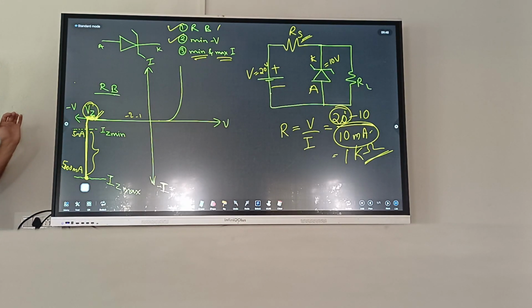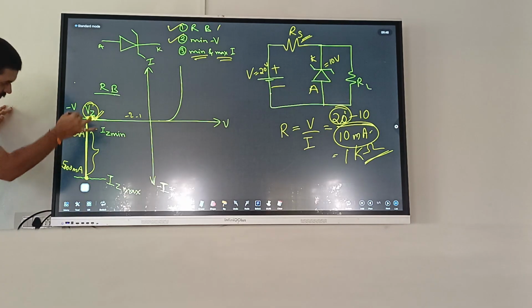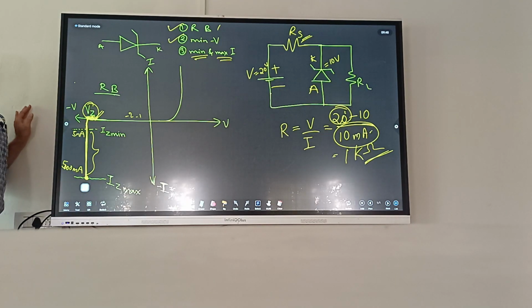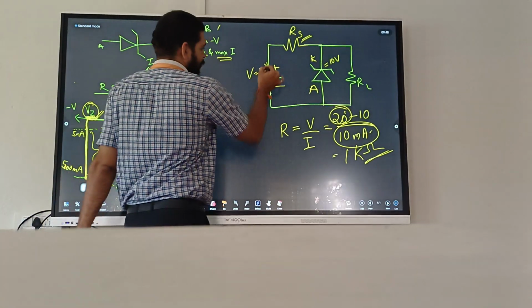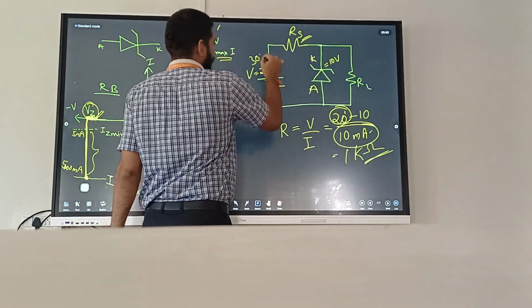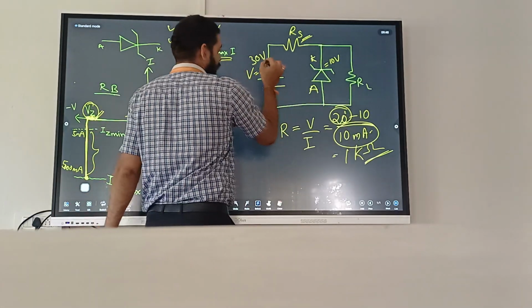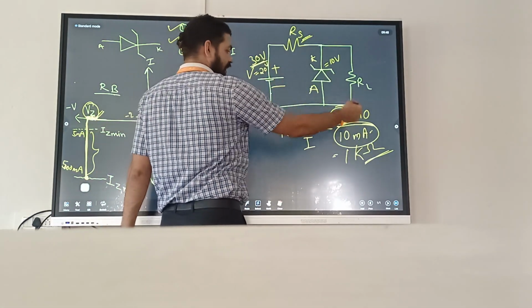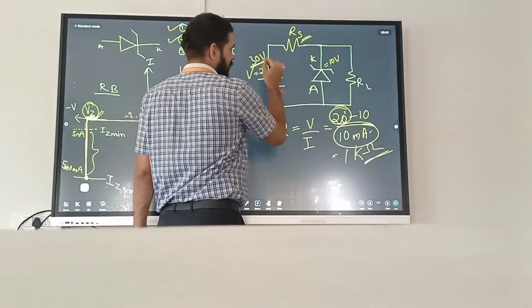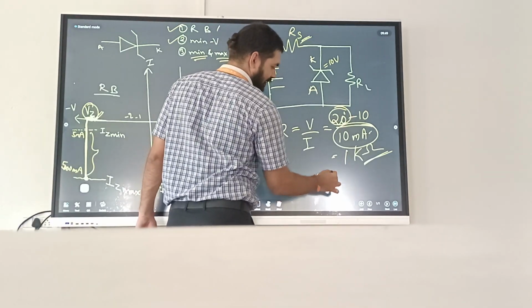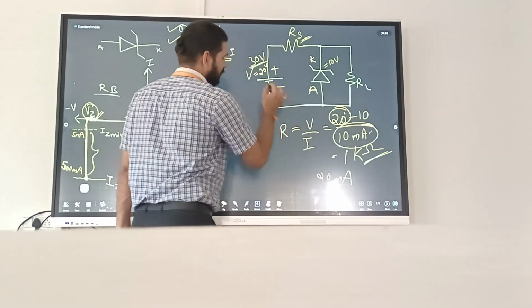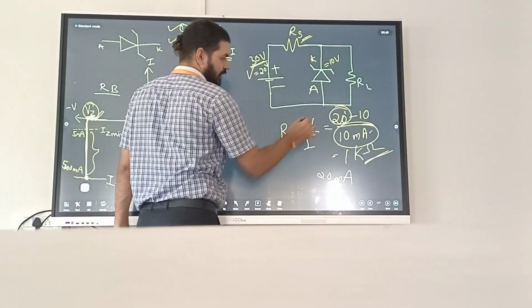Graph here, current change, voltage change. So here if you have given 20 volts, you give 30 volts. This graph tells us that when you give 30 volts, the current will change. Check: 30 minus 10 is 20.